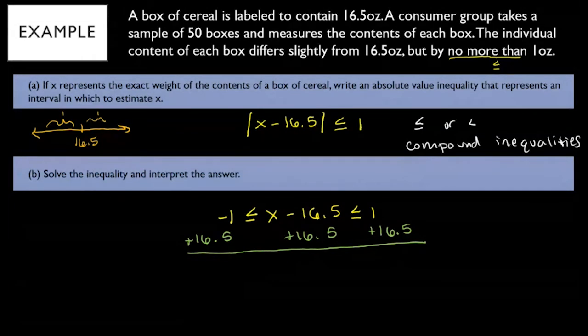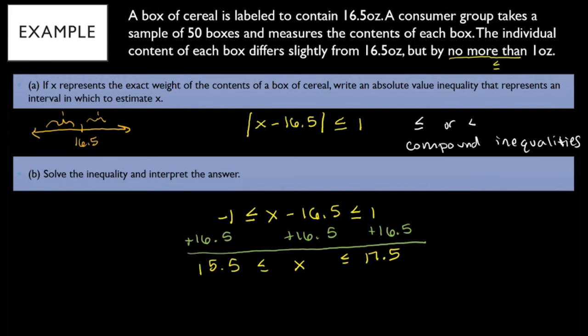So that gives us the 15.5 that I had mentioned before, and then x, and then less than or equal to the 17.5. You know, the two answers that you can see visually and that you can kind of get in your head. So that's solving the inequality.